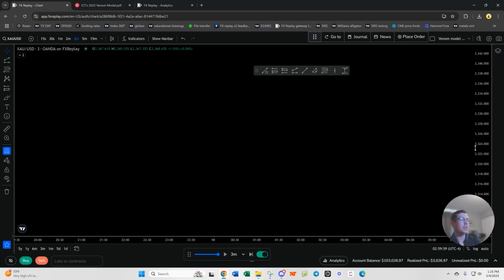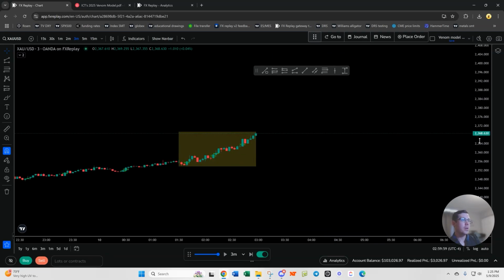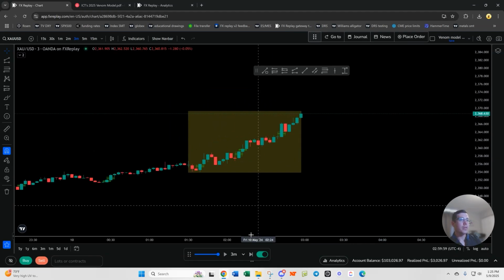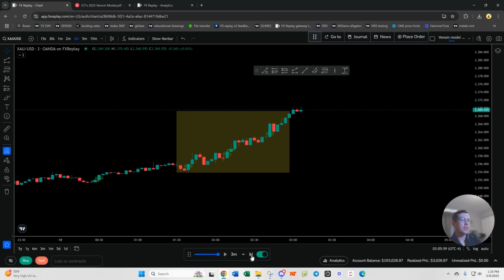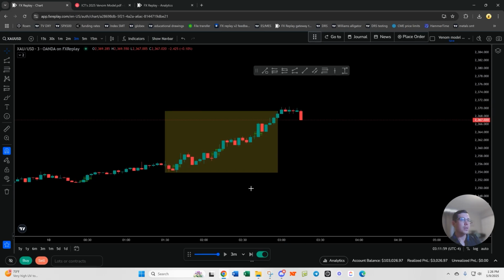So where's price now? All the way up here. So we've got an uptrending Asia range. We swept the pre-market range. I keep on calling this Asia range. I'm used to the yellow, but yeah, this is just the pre-market London range, and we have an engulfing trigger right here.